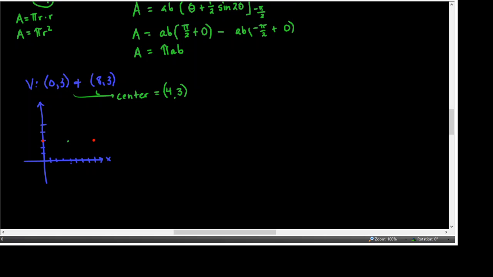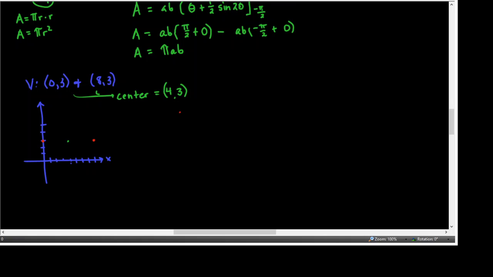Okay, so that tells me right away that they told me it was an ellipse. And if you notice, the vertices are horizontally aligned, which means we're going further in the x direction because those are the vertices that are in the x direction from the center.